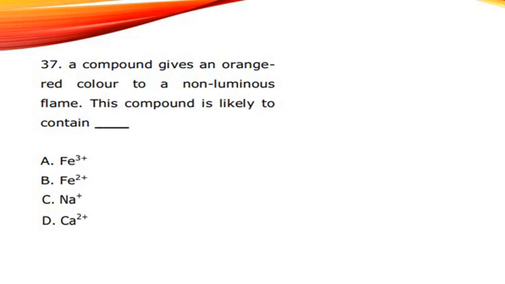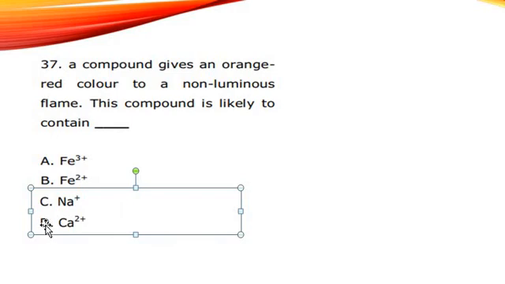So this is actually testing you on your knowledge of flame tests. And actually, when a compound gives an orange-red color to a non-luminous flame, it's indicating the presence of calcium. Therefore, your answer is D.